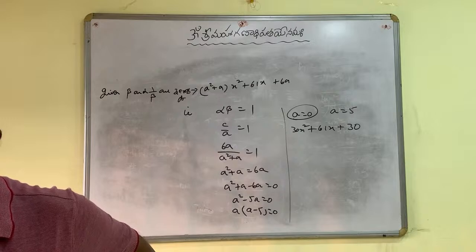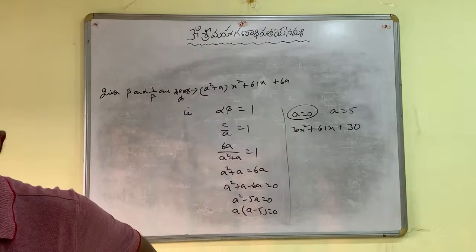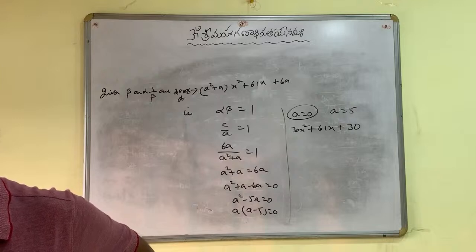BO and CO on producing meet AC at E and AB at F respectively. Now AD is produced to X such that OD is equal to DX, as shown in the figure.